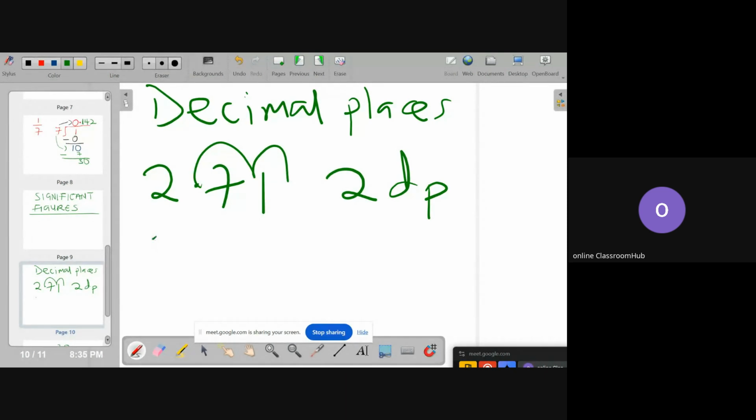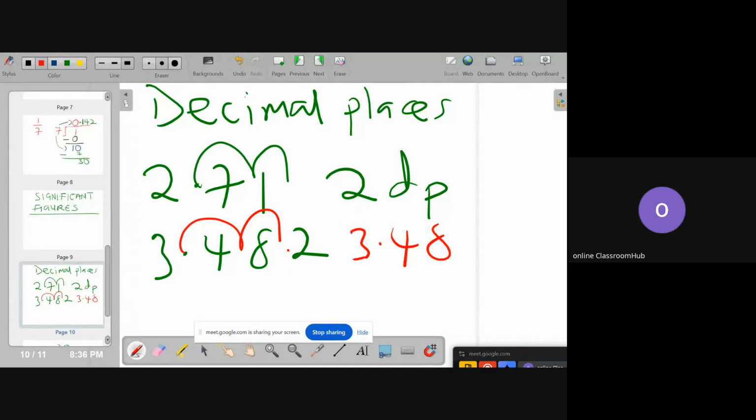If you have 3.482, leave your answer in 2 decimal places. You know 2 decimal places will fall here. 1, 2. So the answer will be 3.48. We know all these things.